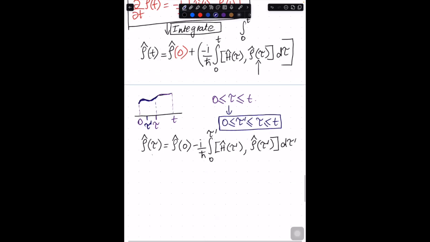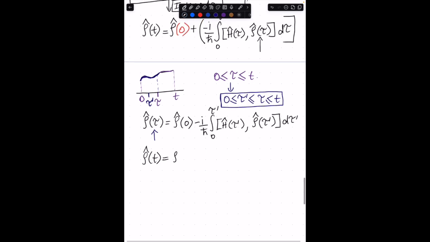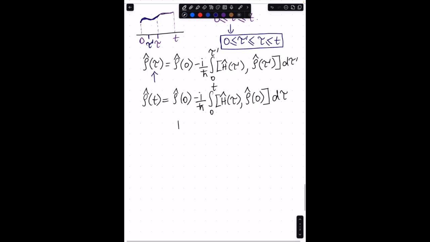And now I will go and substitute rho hat tau back here, which would give us rho hat t equal to rho hat 0 minus i over h bar, integral from 0 to t, Hamiltonian at time tau, rho hat 0, d tau, plus minus i over h bar squared, integral from 0 to t d tau, integral from 0 to tau d tau prime.